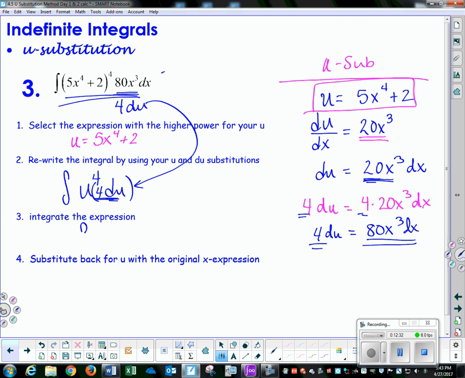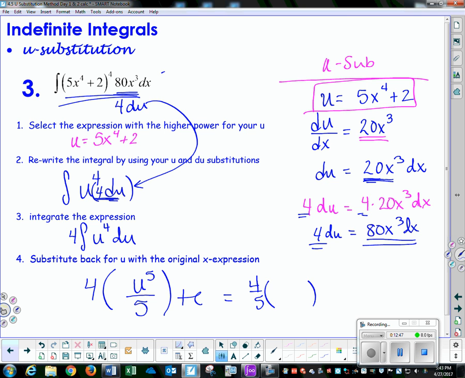Now the 4 can come up front: 4 times the integral of u to the 4th du, which becomes 4 times u to the 5th divided by 5 plus c. And then we get 4/5. Replace our u with 5x to the 4th plus 2, and then plus our constant.